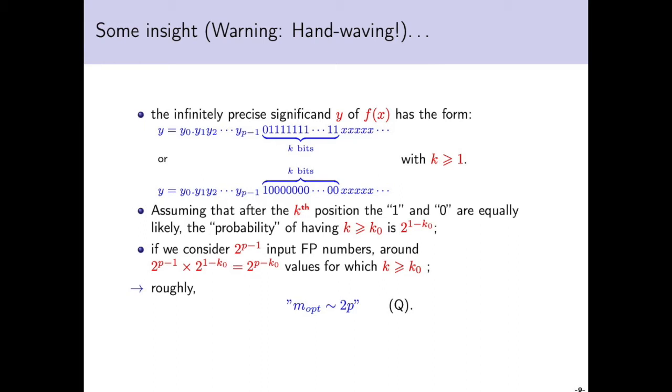So if k0 is larger than p plus 1, it means that there's no value for which you have k consecutive 1 or k consecutive 0. Okay? So this highly non-rigorous argument tells you that the optimal value for m should be 2p. Okay?